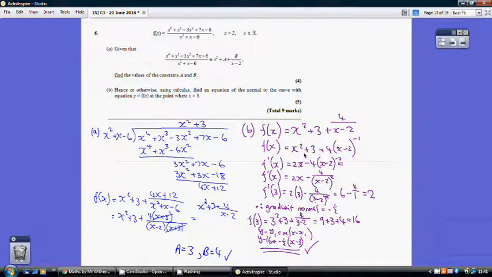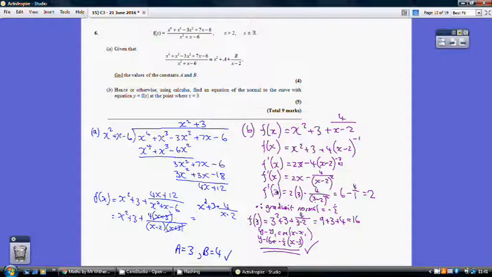So when we differentiate this, we get 2x minus 4 times x minus 2 to the power of minus 2. And then let's take the x minus 2 to the minus 2 downstairs, so giving us for our second term minus 4 all over x minus 2 all squared. So there's our differential. We need to find the equation of the normal at the point where x equals 3.